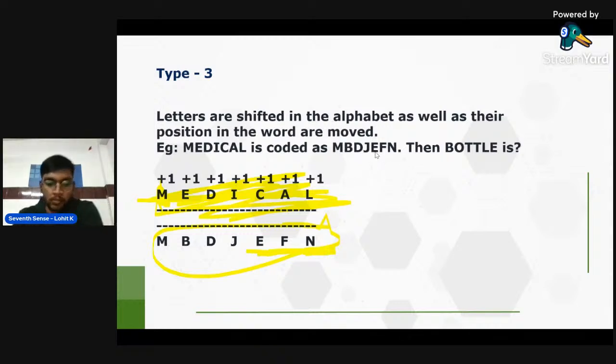So what could be the answer for bottle? Do the same thing on bottle. FMUUPC.